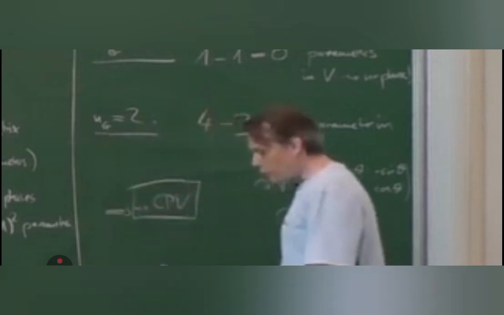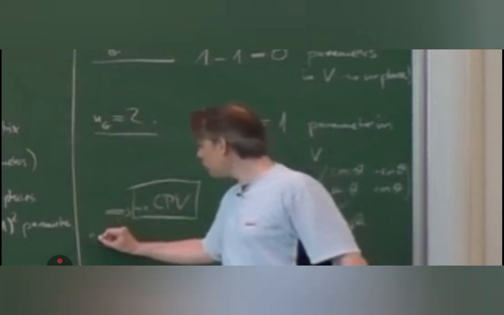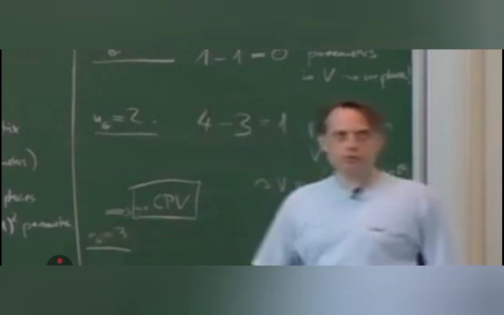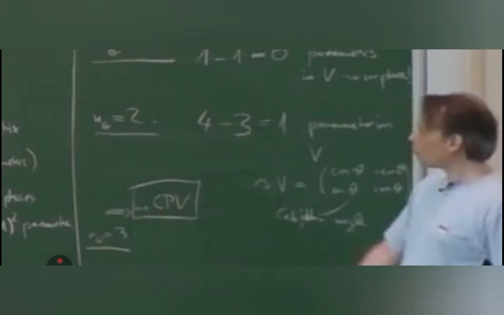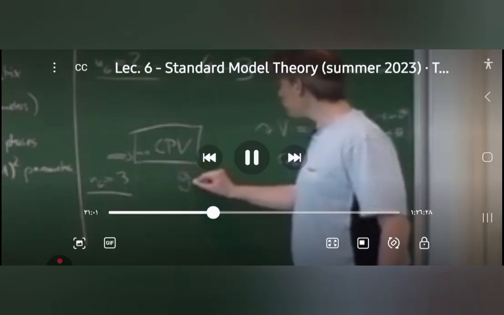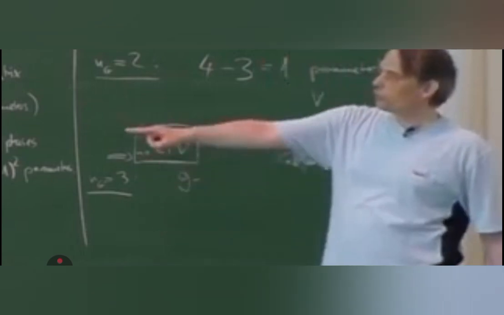Now finally, the case of nature, 3 generations. Then the 3x3 unitary matrix in general has 9 real parameters. We have 3 alphas and 3 betas.